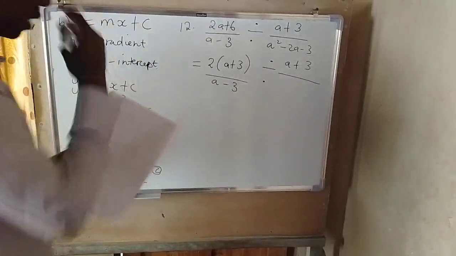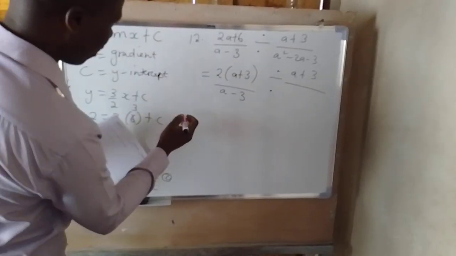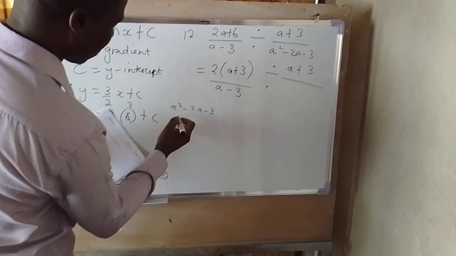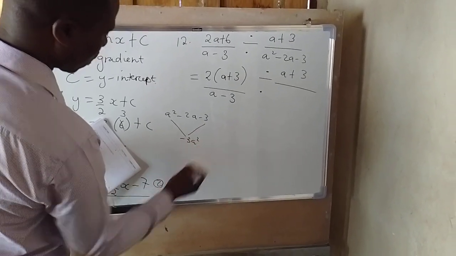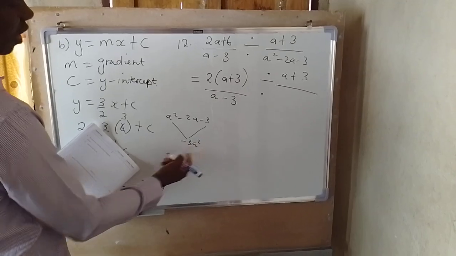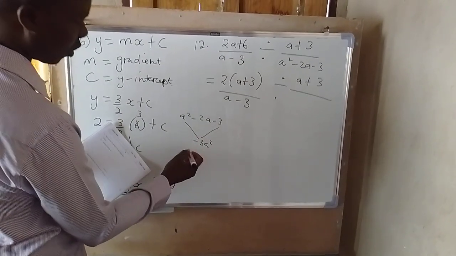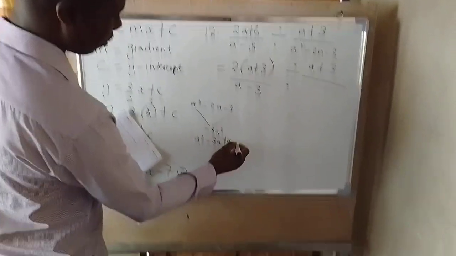Let's factorize the denominator. If we factorize the denominator, we are having a squared minus 2a minus 3. If we multiply these two terms, we get minus 3a squared. So we want to find the factors of minus 3a squared, which give us, when added, the middle term. So it's a squared minus 3a plus a minus 3.